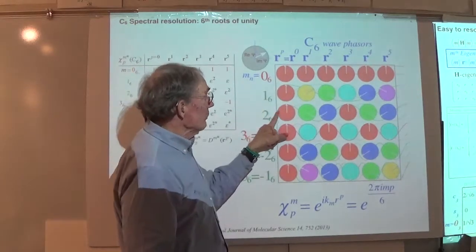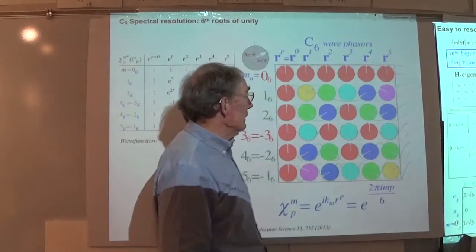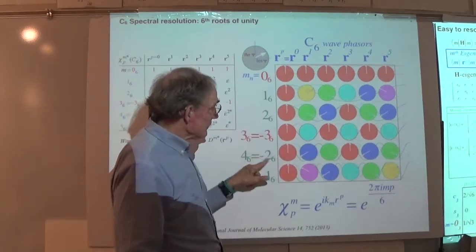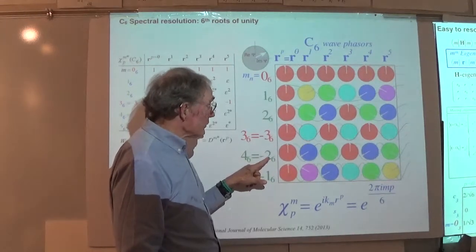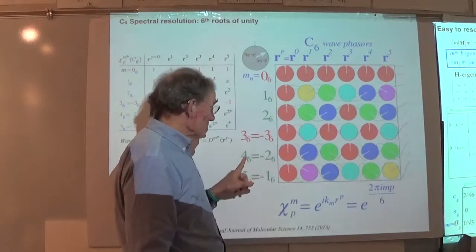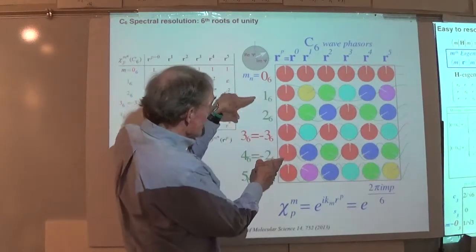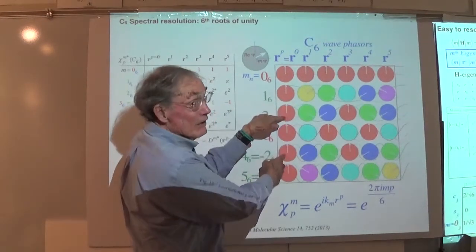Now, next is 2. I've got 2 waves here, okay, plus the imaginary part, all right? Well, running that one backwards is this guy. That's 2, minus 2 modulo 6 is equal to 4 modulo 6. Okay? So these 2 guys, plus and minus 2 modulo 6, are going to be degenerate.